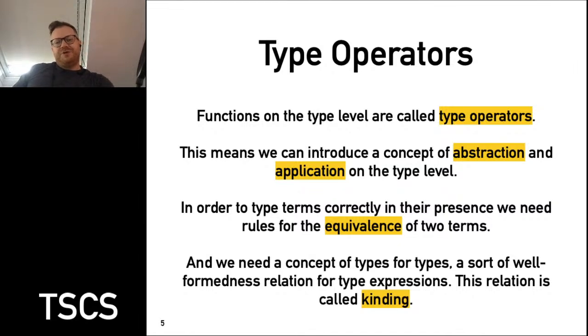Usually we have seen types as uniform things, but now as we can use abstraction and application, we can write terms that reduce to types. And this is a so-called type term. This is why we need to show equivalence, because on the trivial side, these type terms may not look the same, but may compute to the same thing.